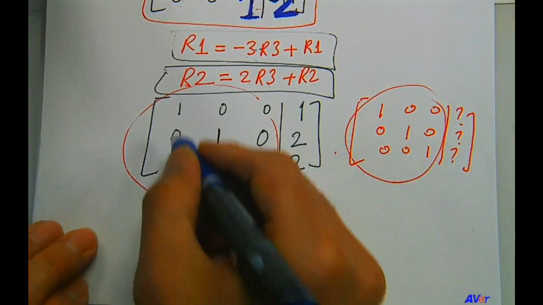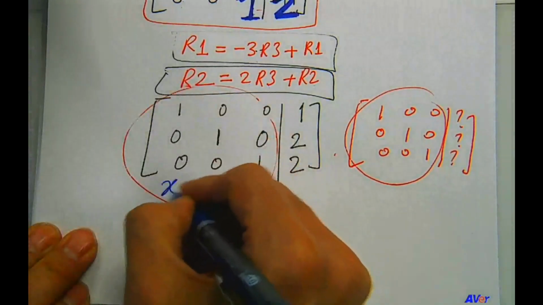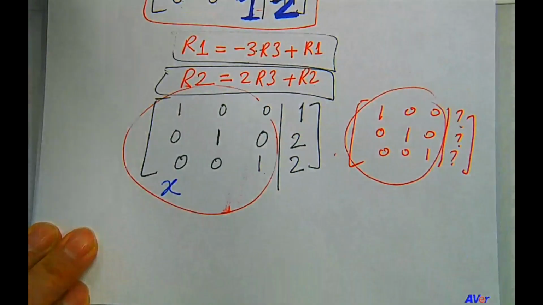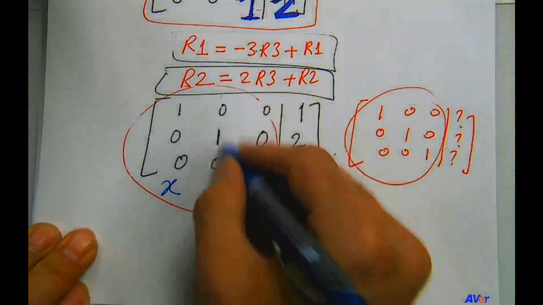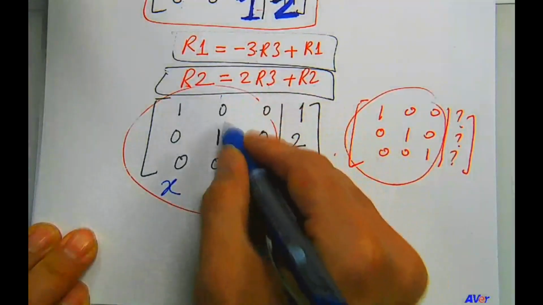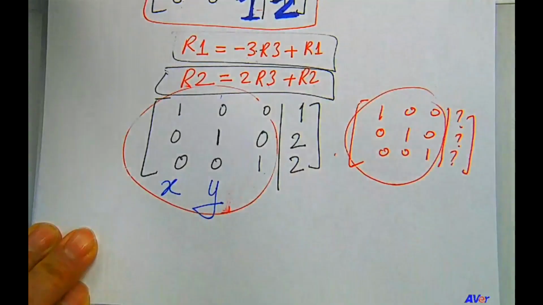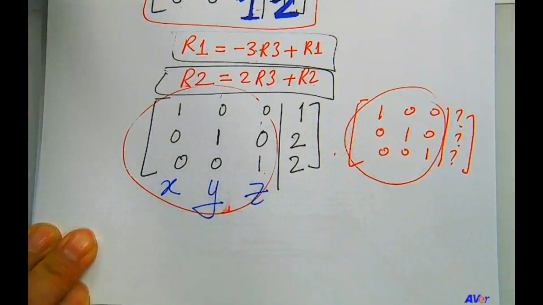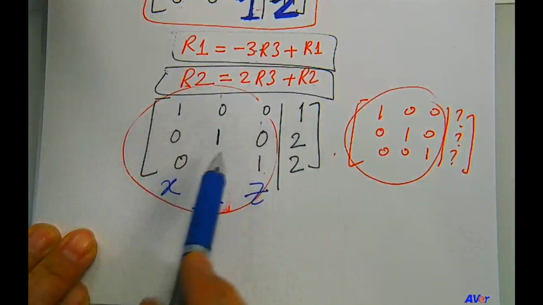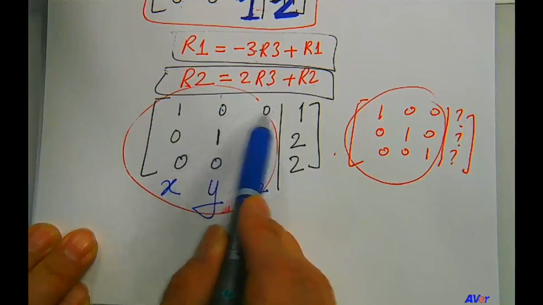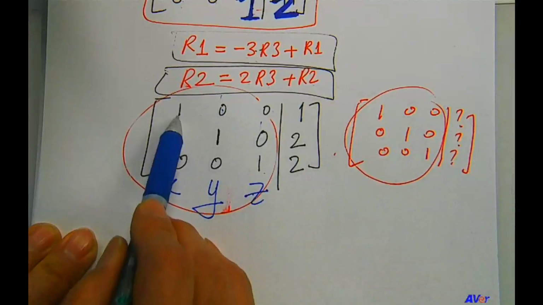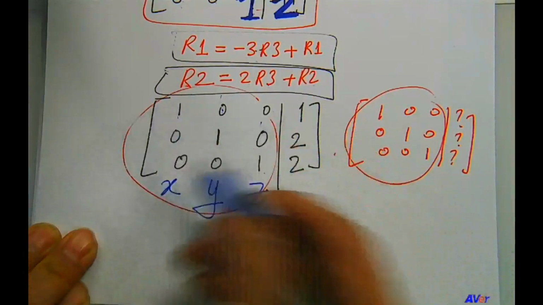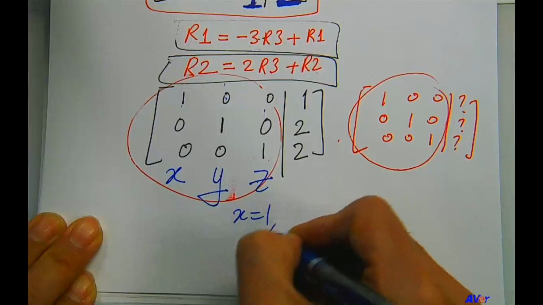So just remember that these columns are the coefficients of variable x, this column, these numbers are the coefficients of variable y, and this column, these are the coefficients of variable z. So in the first row, y and z have coefficients 0, so they drop out. So 1 times x is x equals 1.